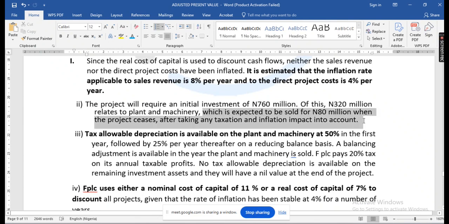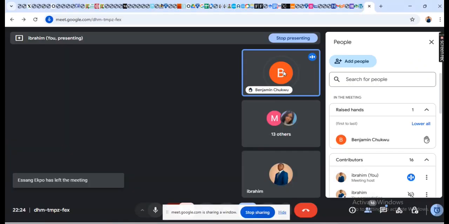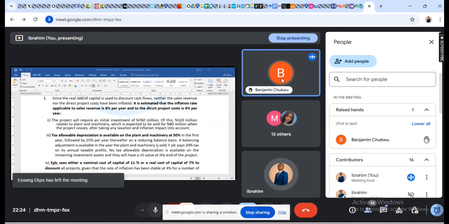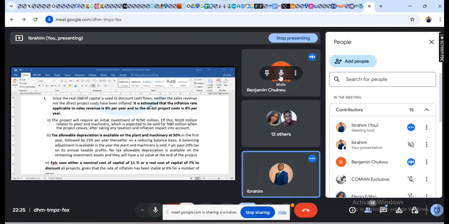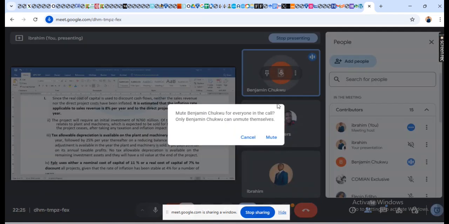This is it: expected to be sold for 80 million when the project ceases. This project will last for 4 years. After 4 years, is there any other project? No. So the last year is the year at which the project will be ceased. And that is why we use 80 million for year 4. Do you understand? Yes, sir. Thank you very much. Are you good now? Yeah, good. Thank you.